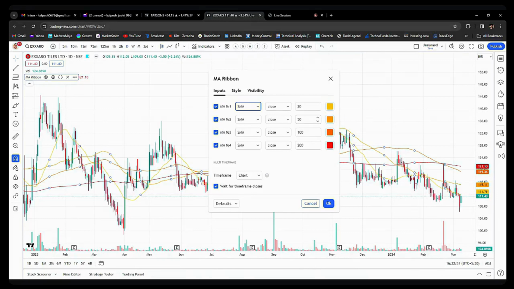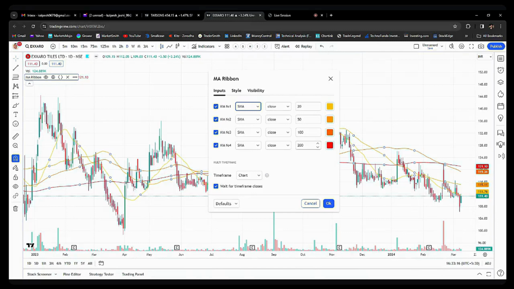Similarly, the 50-day moving average is the average of 50 days, and likewise the 100 and 200. Basically, we are more interested in the 50 and 200, because 50 days is almost 3 months, and 200 gives you an entire year's average price.